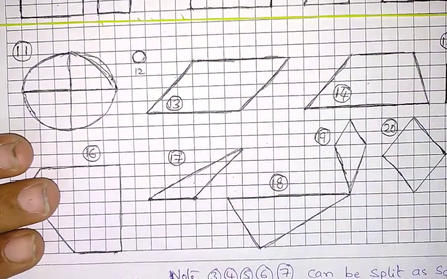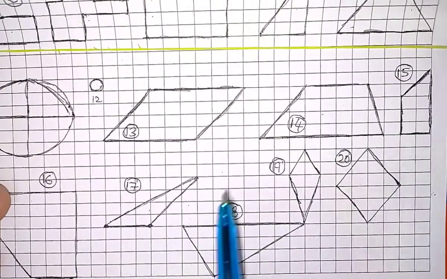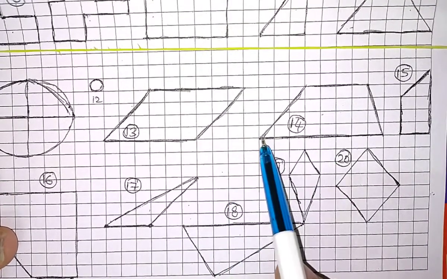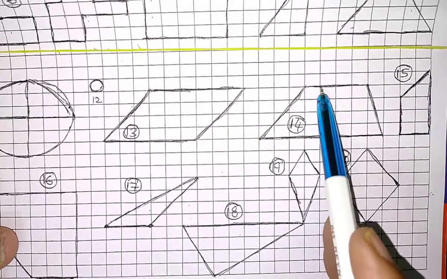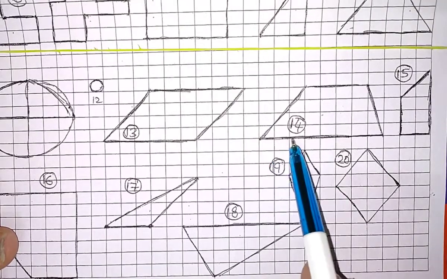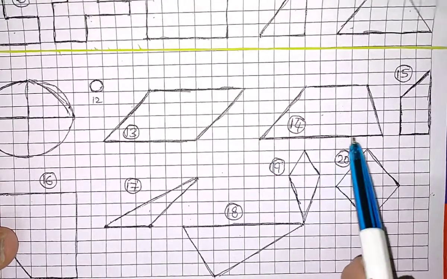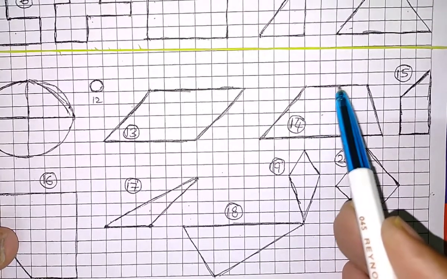Now comes the 14th question, which we call a trapezium. Half into the distance between the parallel sides, this one 1, 2, 3, 4, into the sum of the parallel sides: 1, 2, 3, 4, 5, 6, 7, 8, plus this 9, 10, 11, 12.